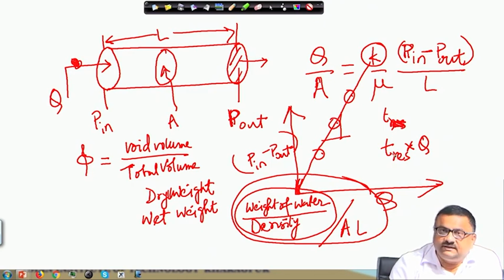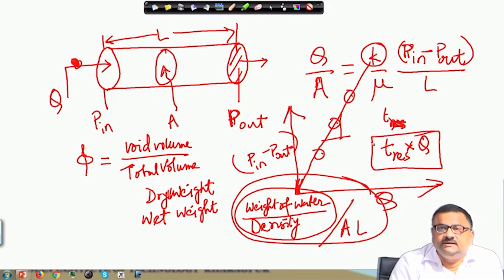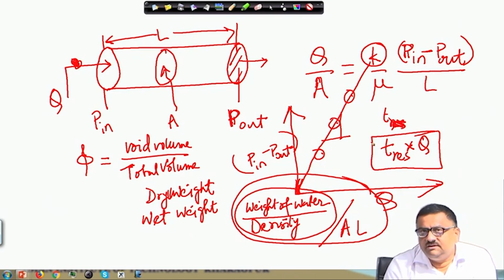So, second and second cancel out, and you are left with only meter cube. So, this is basically the volume of pore in this porous media. So, we have some way of measuring permeability and some way of measuring porosity.